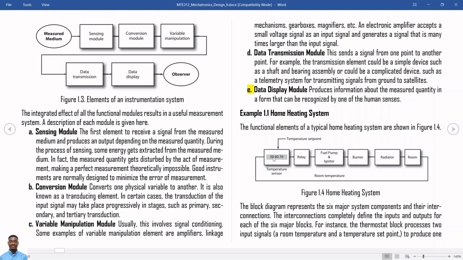But as the temperature begins to drop, this relay now opens to allow the fuel pump and the igniter to engage, so that the burner can start up again and the radiator temperature can increase and the room temperature will increase accordingly, and that cycle goes on. That's just an example of an instrumentation system.